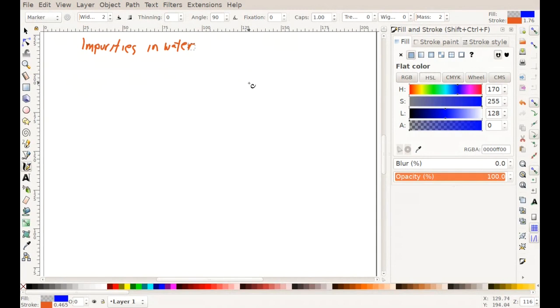Let's put these over here. Biological. What else? Can we say TDS? Dissolved solids. Okay, so I think I'm going to put those over here.